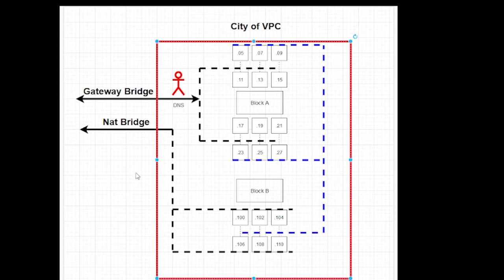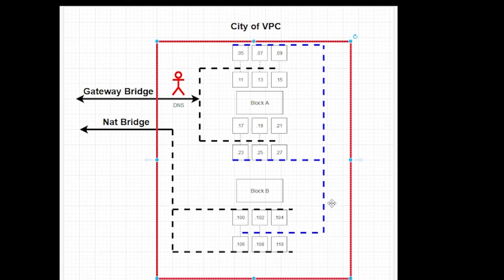So they have their own bridge here, the NAT bridge, which only allows traffic to come out and back in through its original form. So, for example, any military personnel or any nuclear workers, they need to go out of the city and back into the city. They'll use the same route as they're the only ones that are able to use it. And obviously, if there's workers that live in Block A that need to work in one of these bases, guess what? They have their own private road to get there. So that's how that works.